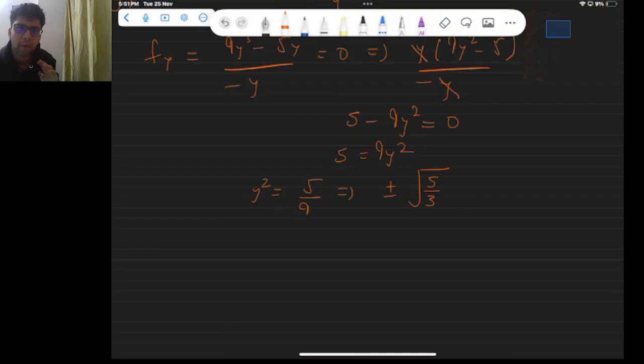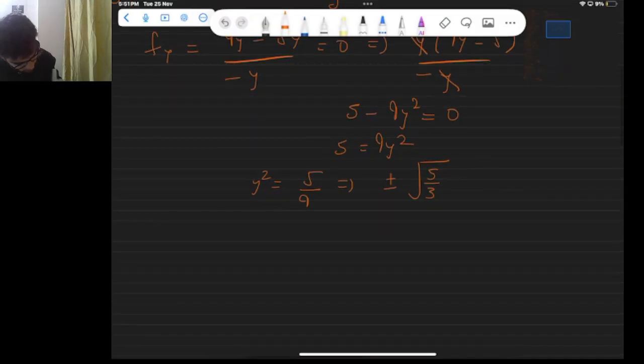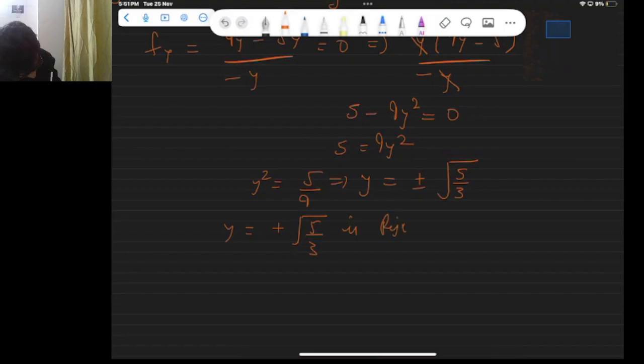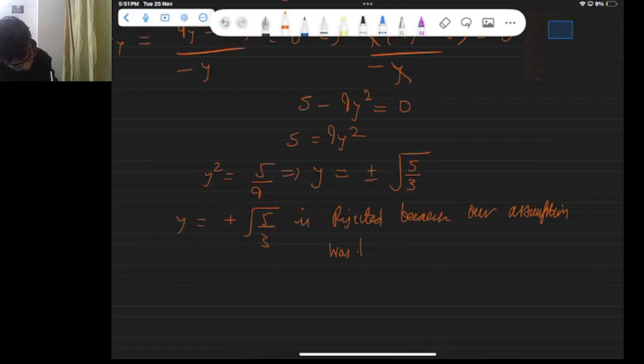Plus minus root 5 upon 3. Now I'll be rejecting one value. Why? Because y is equal to plus root 5 by 3 is rejected, because our assumption was that y is less than 0.